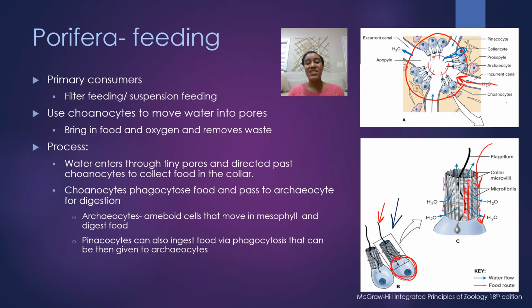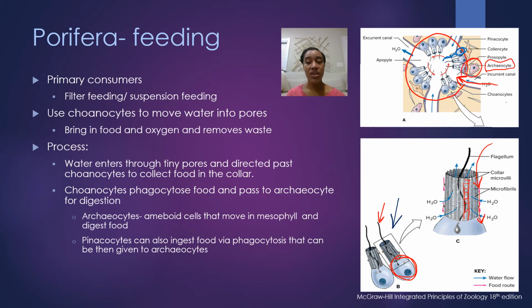And so essentially the food particle will be phagocytosed and will start being broken down by the choanocyte, and then the choanocyte will pass on the partially digested food products to the archaeocyte, which is shown here in this picture.